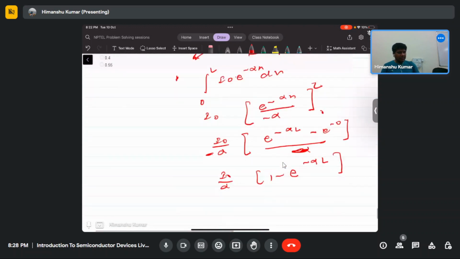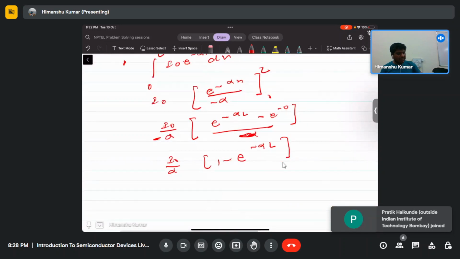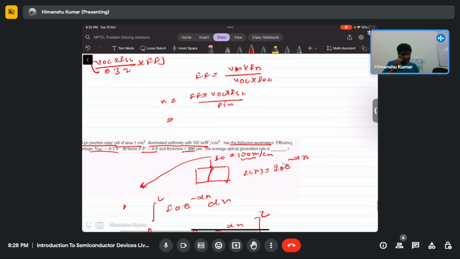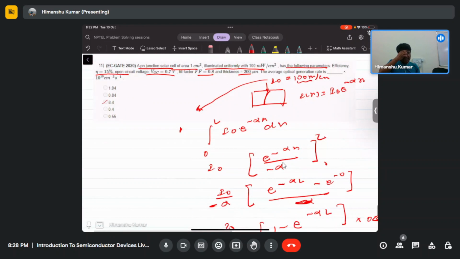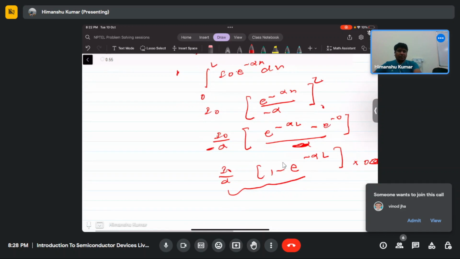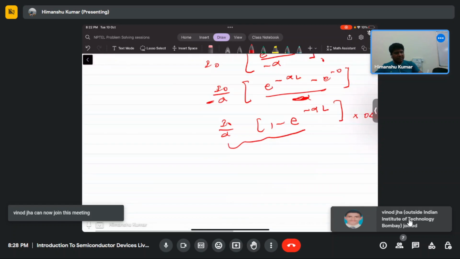Now if we multiply by the efficiency, 0.15, we get this many photons getting absorbed.